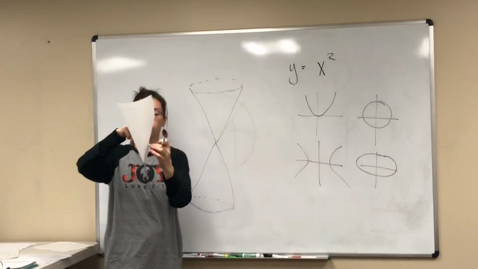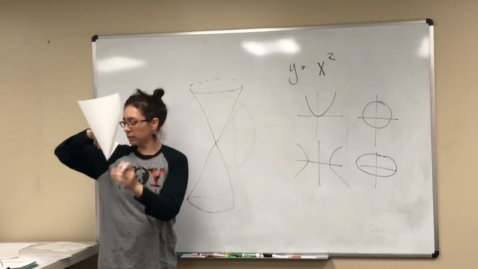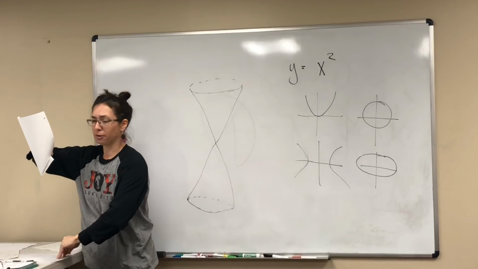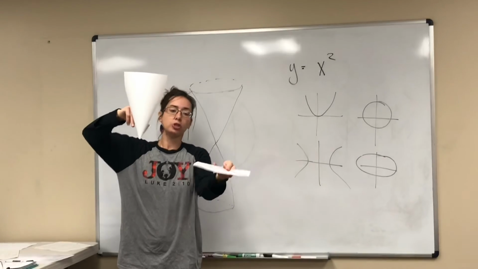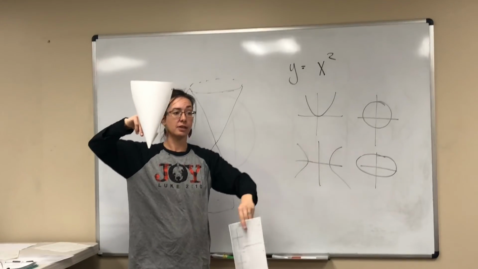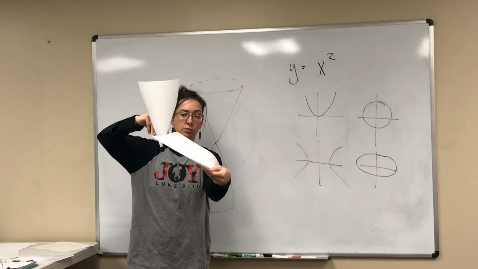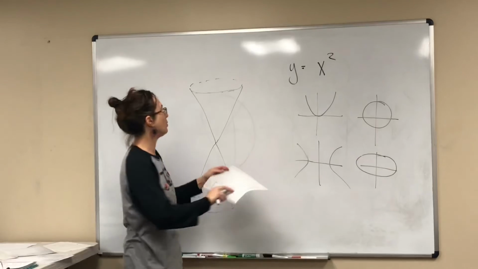When we have a cone, right, and we put a plane through it. I had little cones for us to cut. Okay, and we are going to put a line, a linear equation or an equation through this cone. Okay, we can go through the cone in different ways.